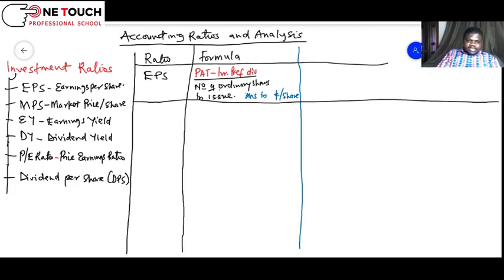Okay, let's take the next one. We have the market price per share. That is market capitalization all over the number of ordinary shares in issue.